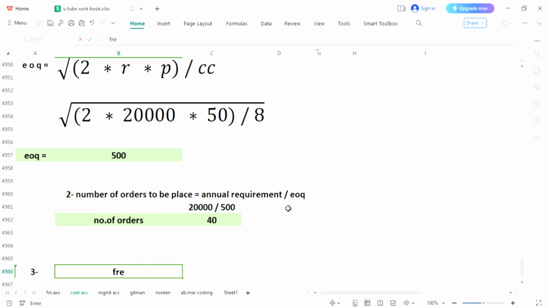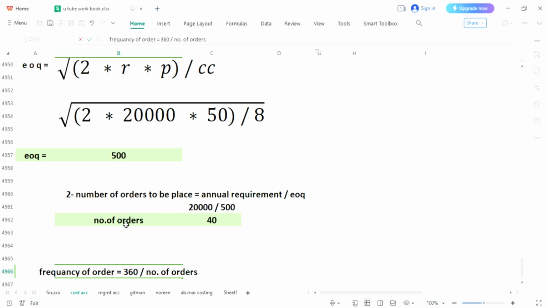And for this, again you have the formula, frequency of order. For this you will use the number of days in a year, from 360 to 365 depending upon the off days, but you can use 360, and it would be divided by the number of orders, which you have just calculated.